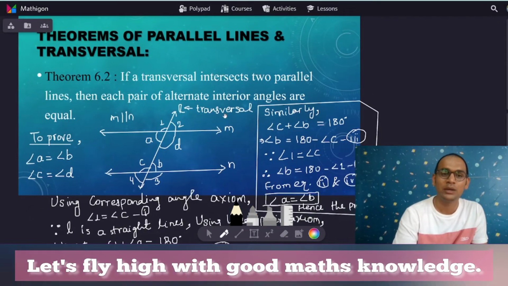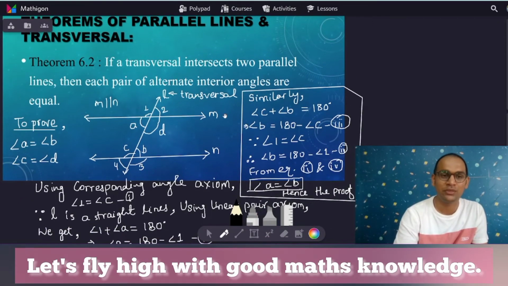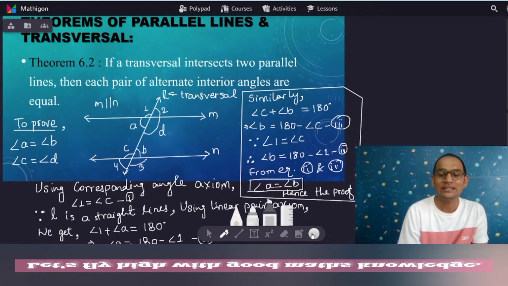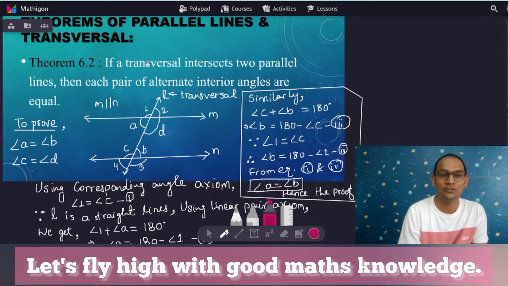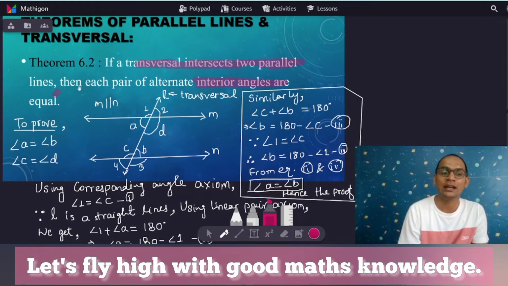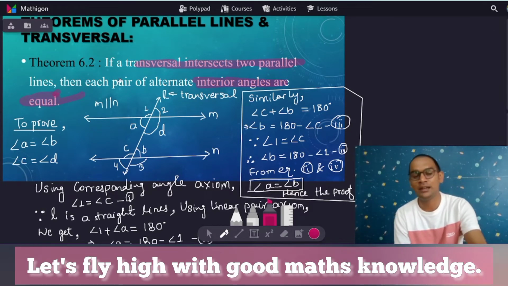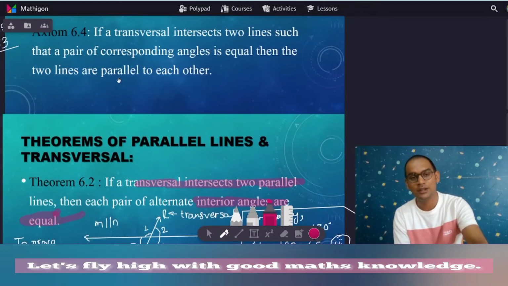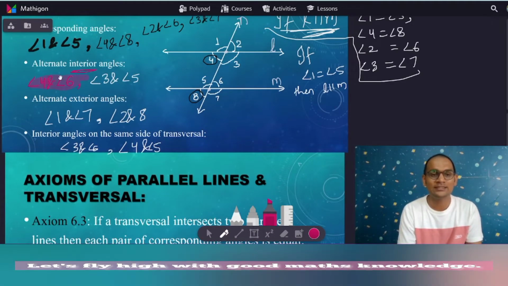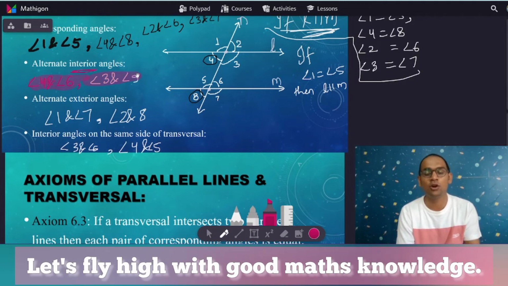Here we have theorem 6.2, which states that if a transversal intersects two parallel lines, then each pair of alternate interior angles are equal. What is the meaning of that? In the figure which we saw above, the alternate interior angles, that is 4 and 6, are equal, and 3 and 5 are also equal.